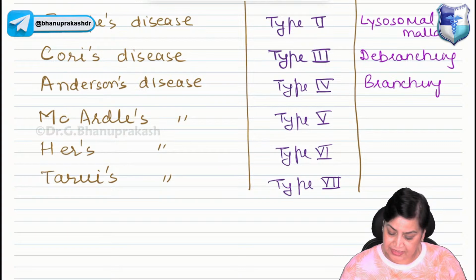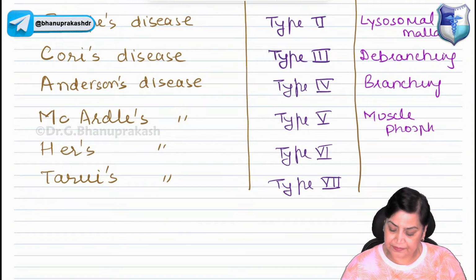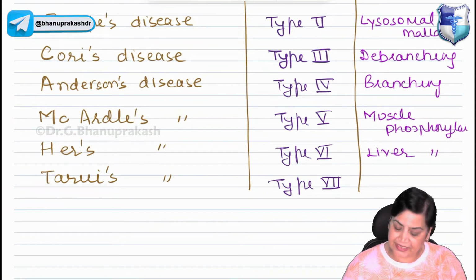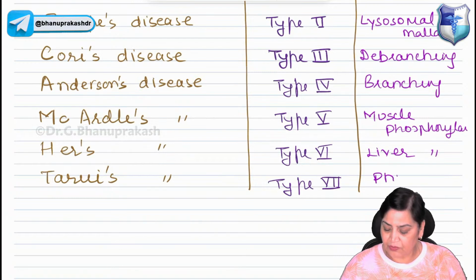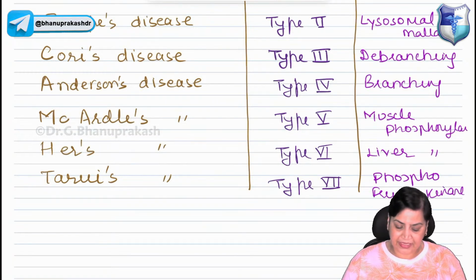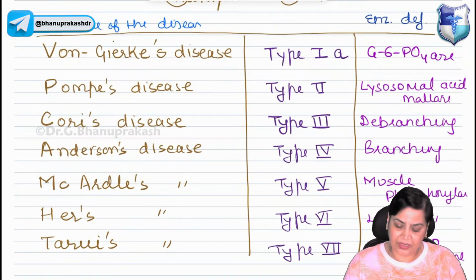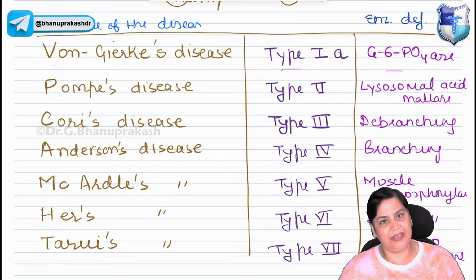In McArdle's, M for McArdle, M for muscle, so here muscle phosphorylase. Type 6 is liver phosphorylase. And in Tarui's disease, the deficient enzyme is phosphofructokinase. So these are the disorders, these are the numerical names, and these are the enzymes which are deficient.